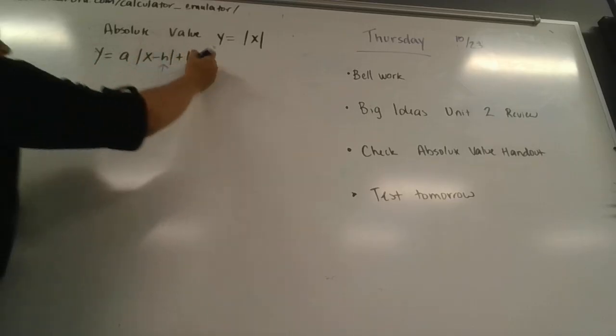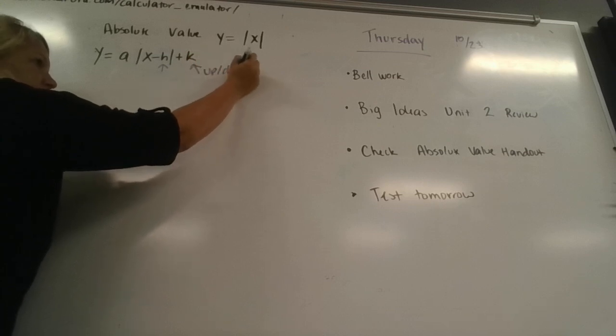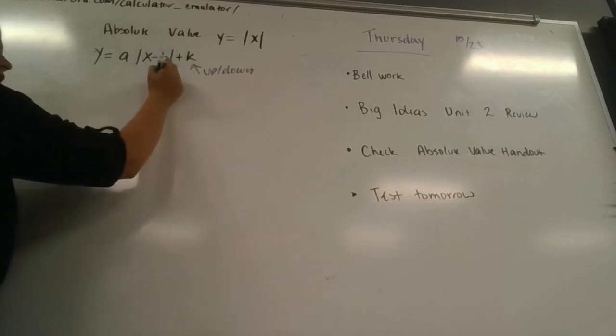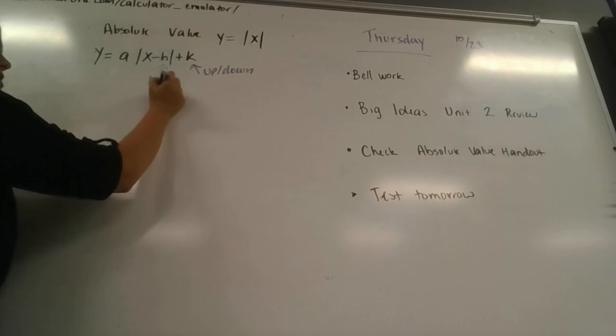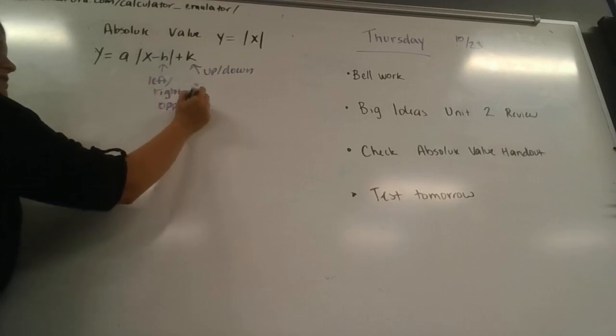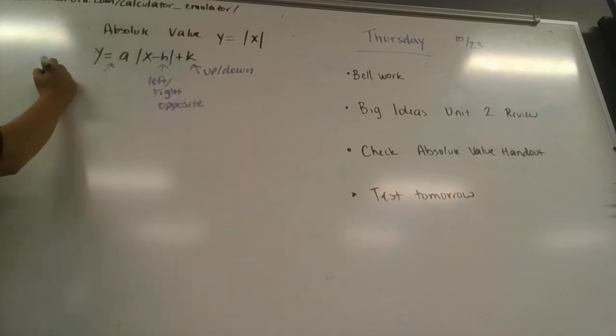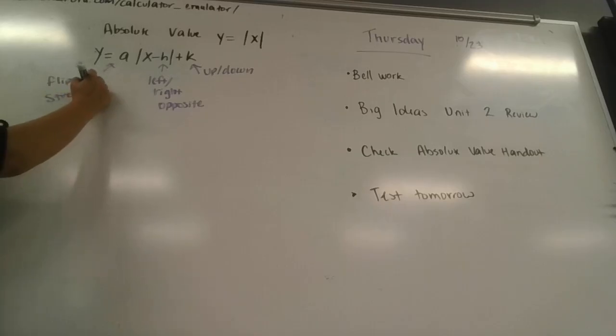This one here will do the up, down shift. And this one here does the left, right shift. And that's always opposite of how it looks. And then out here, if there's a negative, it'll flip it across. Or if it's more than one, it'll stretch it. Or if it's less than one, it'll shrink it. And those are all different ideas that we talked about yesterday.